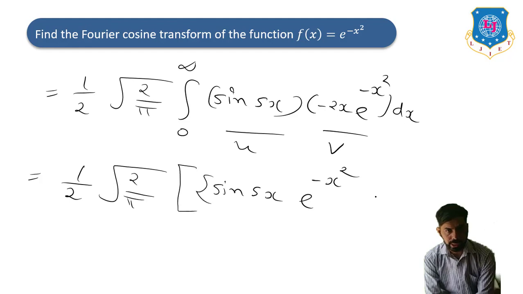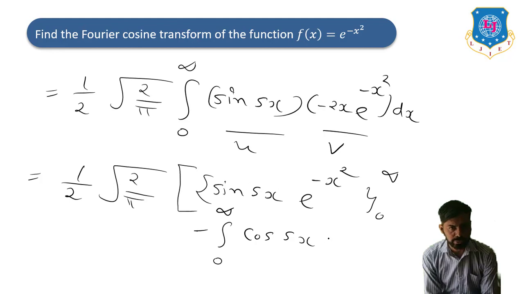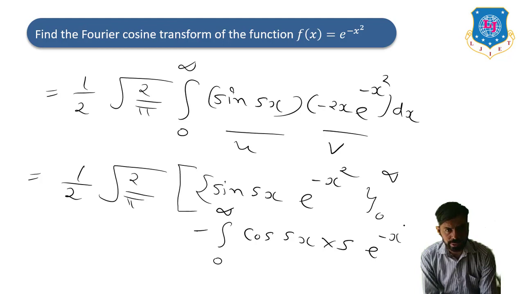Okay, and here the limit will be from 0 to infinite. Then minus, we will take integration 0 to infinite, and the derivative of sine sx will be cos sx, and here the derivative of sx with respect to s will be s. Okay, and we will have to take the integration of v, that is e raised to minus x square dx.